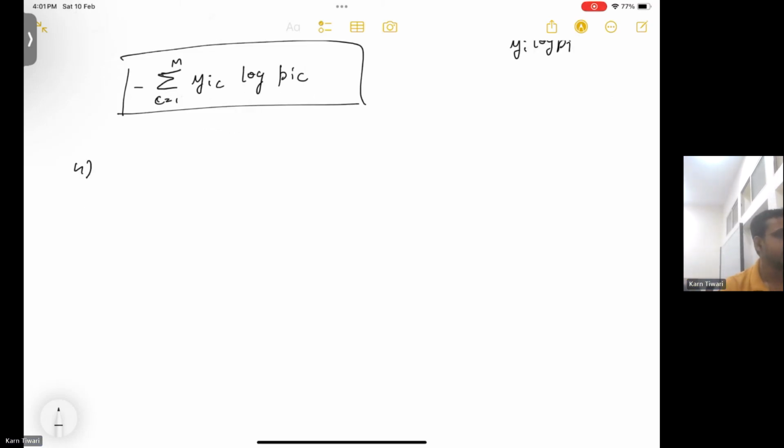Now, can cross entropy loss be negative between two probability distributions? It's of the form minus the sum over i from 1 to n of yi log pi.